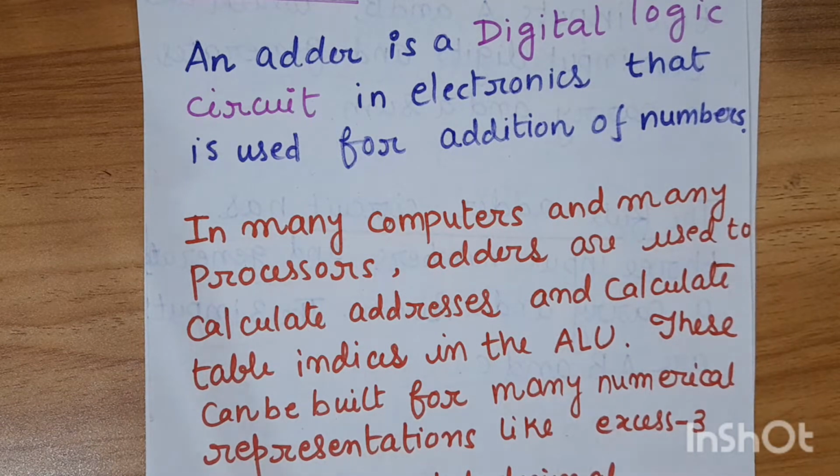In order to fetch data and addresses, we have to calculate the table indexes, so for that purpose also we need an adder. Then there are various numerical representations, like XS3 code and binary coded decimal code. For all of them we need adders.